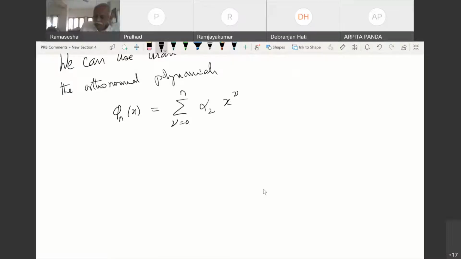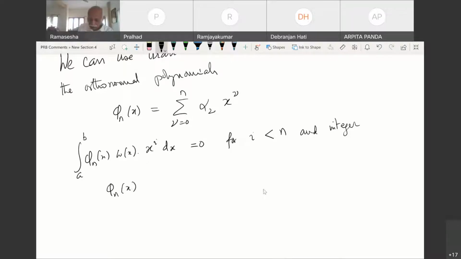Okay, so when I say the integral of w of x times x to the power i is equal to 0 for i less than n, an integer, it means that the integral of p n of x times x to the power i times w of x is 0.